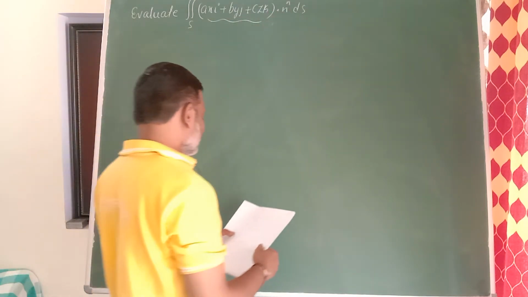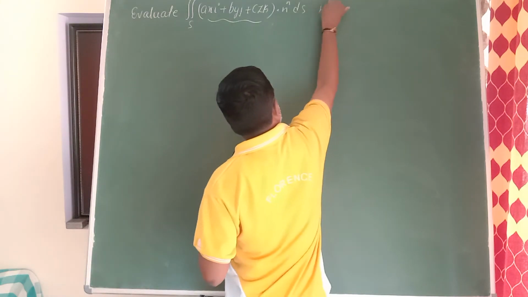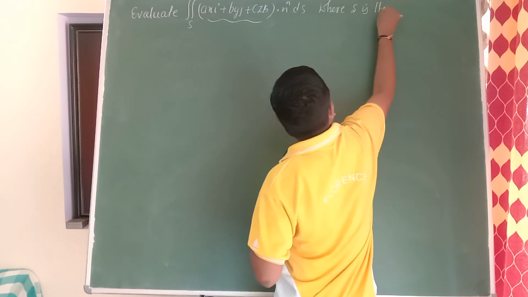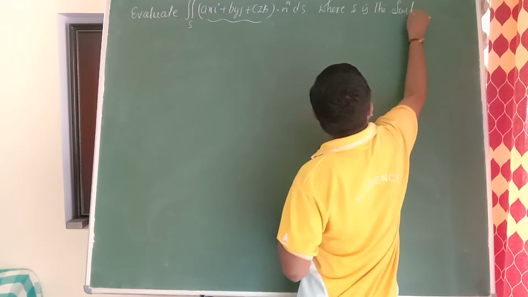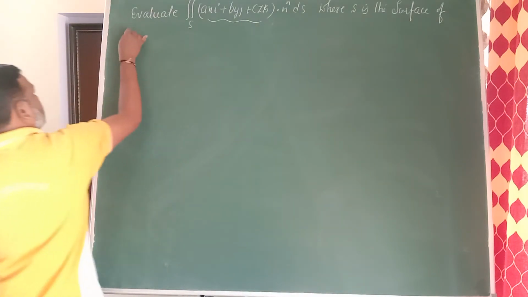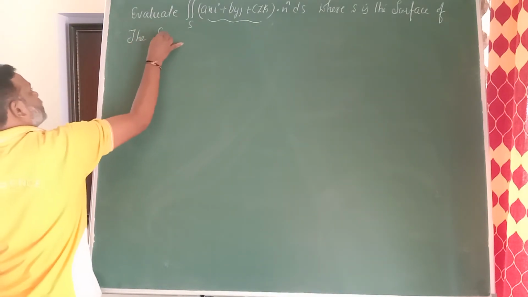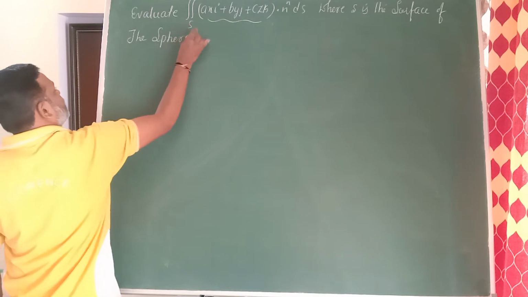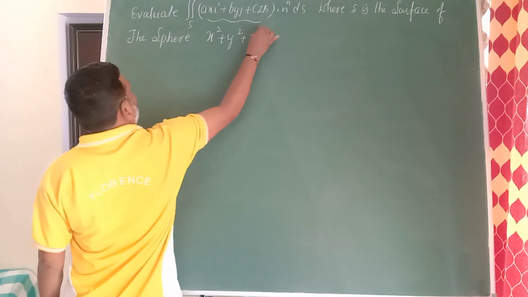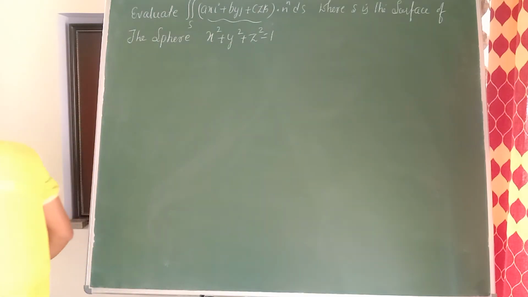Where S is the surface of the sphere, and you know that the sphere equation is x square plus y square plus z square is equal to 1. We have to just evaluate that.